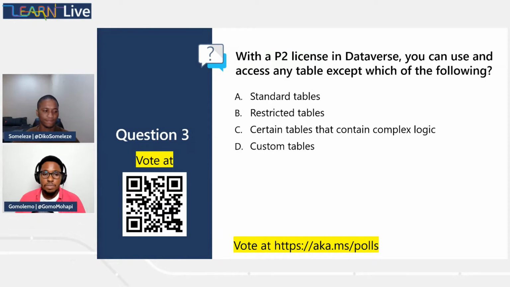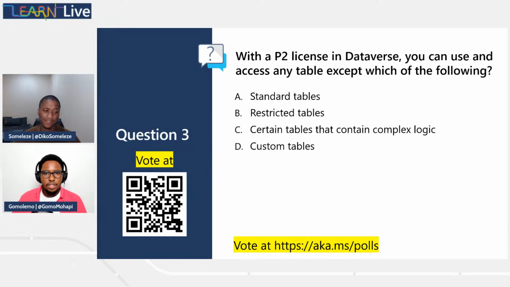Could it be A, standard tables? Could it be B, restricted? C, certain tables that contain complex logic? Or D, custom tables? Which of these can you not use and access with a P2 license?